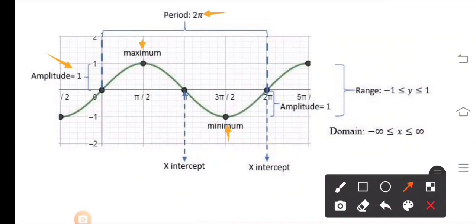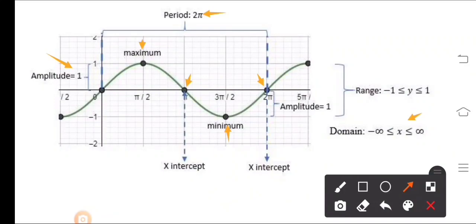The intercepts are pi and 2 pi, or multiples of pi. The range is the value of y, from negative 1 to positive 1, while the domain is from negative infinity to positive infinity.